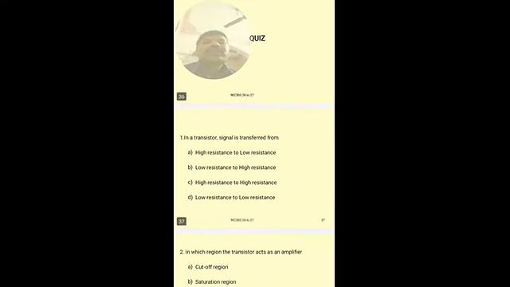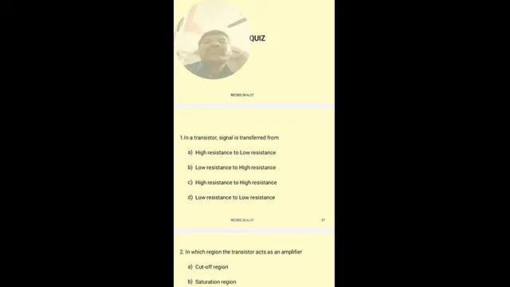In a transistor, let us see some small quiz questions. In a transistor, the signal is transferred from: low resistance to high resistance, high resistance to low resistance, high resistance to high resistance, or low resistance to low resistance.